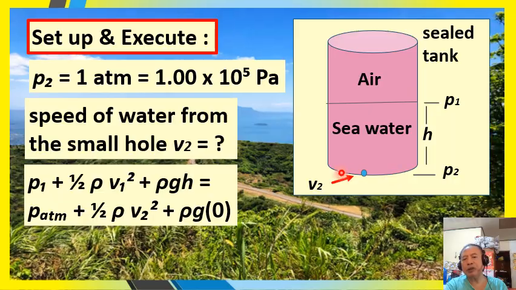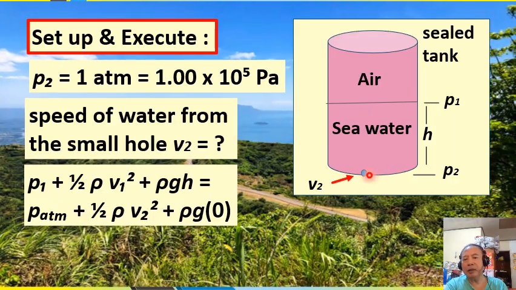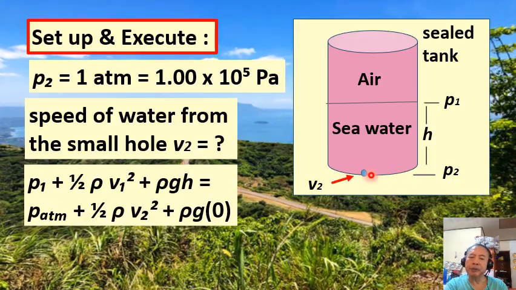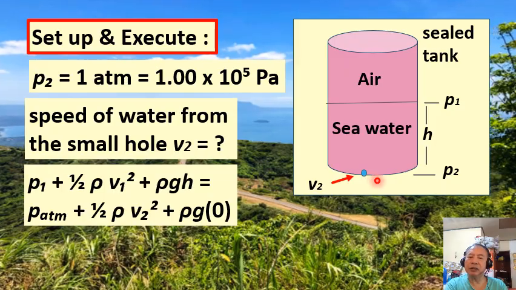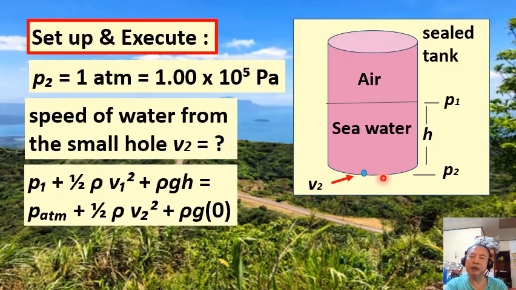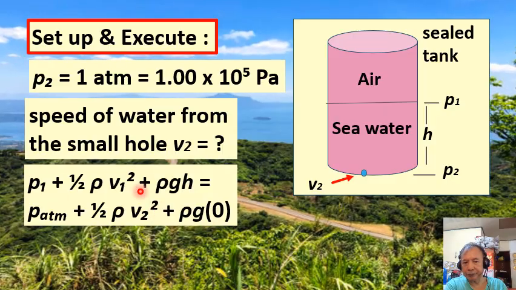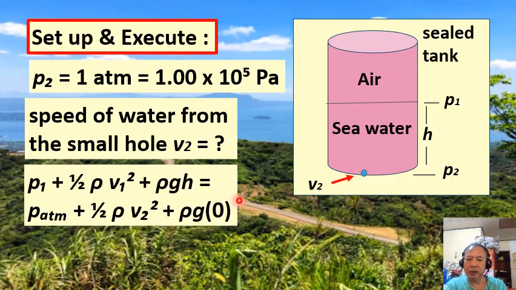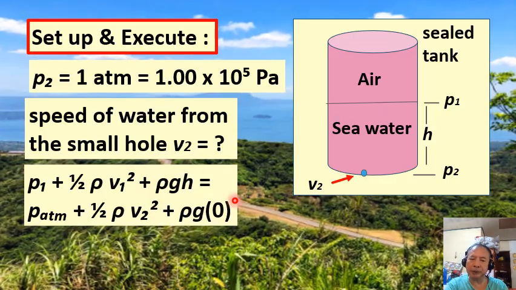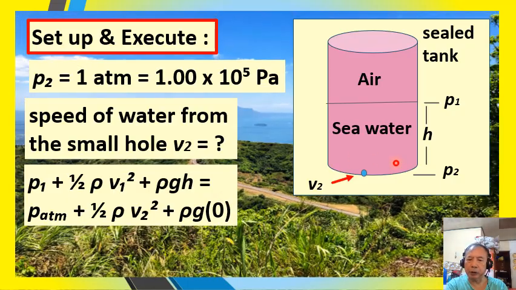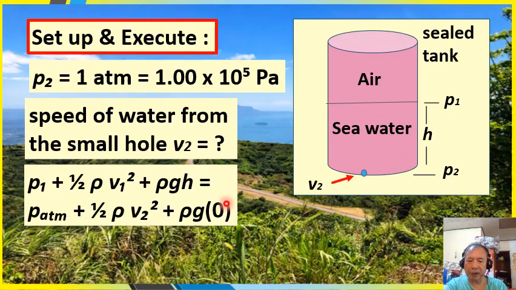But with respect to the bottom, the height at the hole level is of course equal to 0. So this is the equation of the Bernoulli principle applied in our problem here.